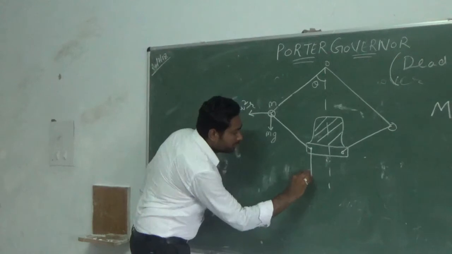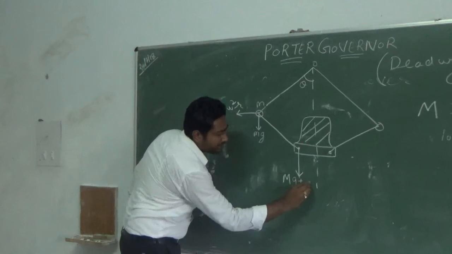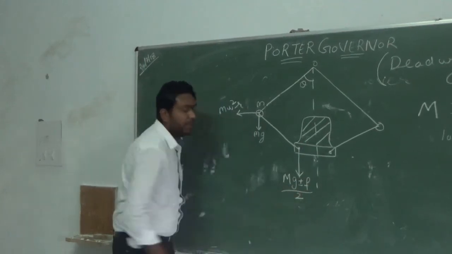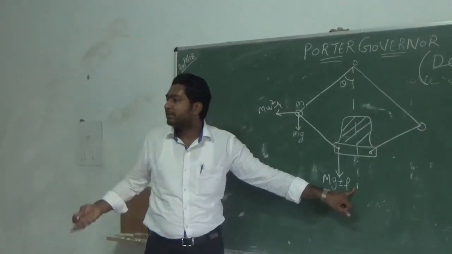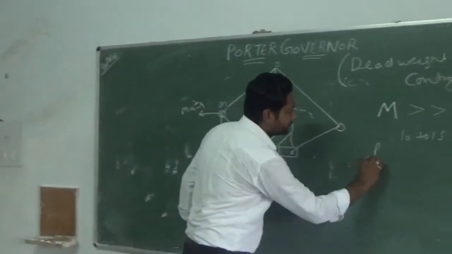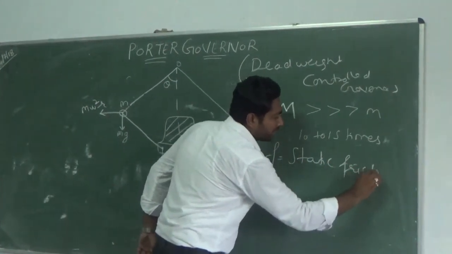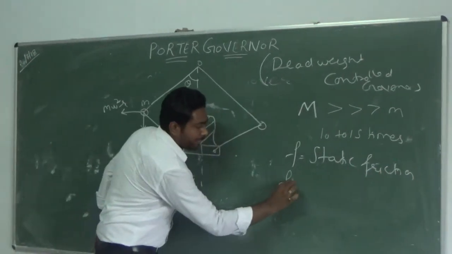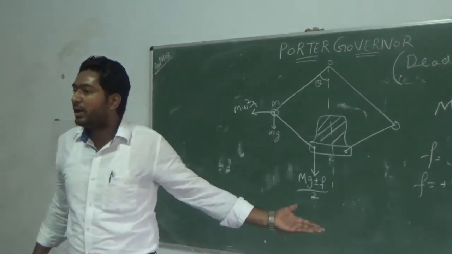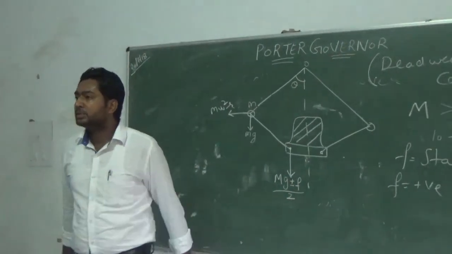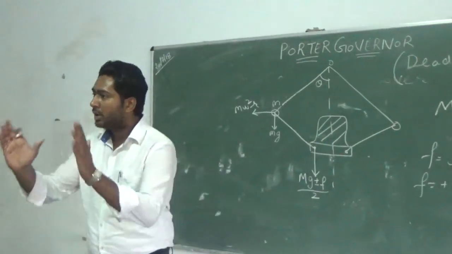Now, capital MG plus minus small f by 2. What is that? Static friction. The value of f is positive when sleeve moves upward.